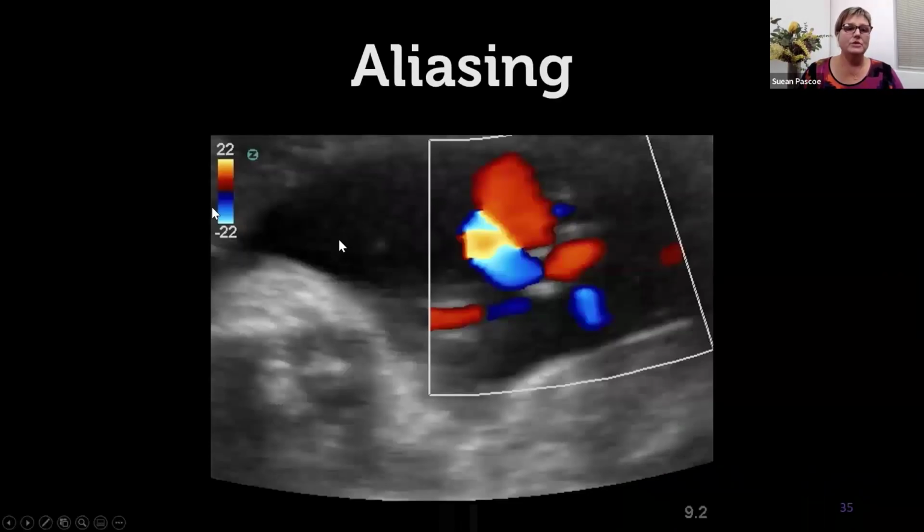When you have too much aliasing, all that's happening is that your sampling rate is not fast enough to accurately represent the information. And so the machine starts to borrow colours from the other side of the Doppler spectrum to demonstrate the flow. And so you can see here, this one's the artery and this one's going a bit slower, and it's the vein. And the aliasing is the multiple colours here.